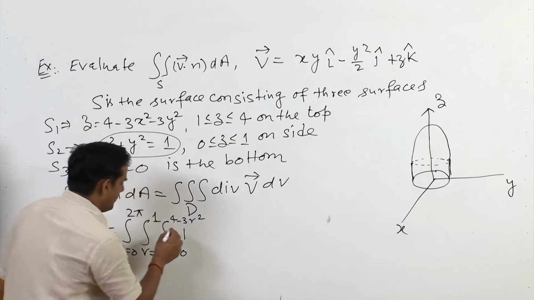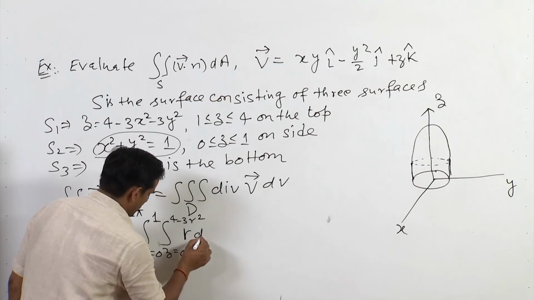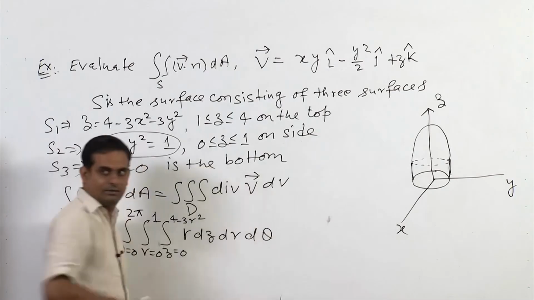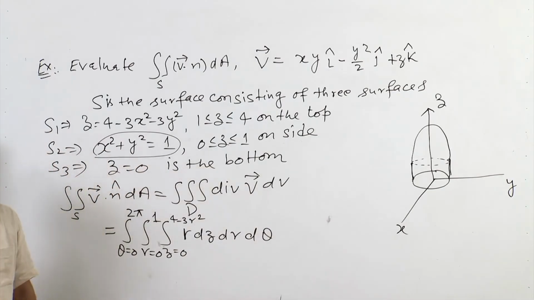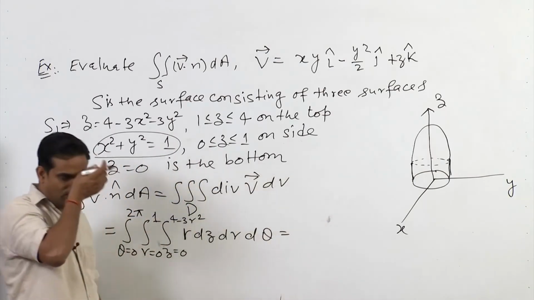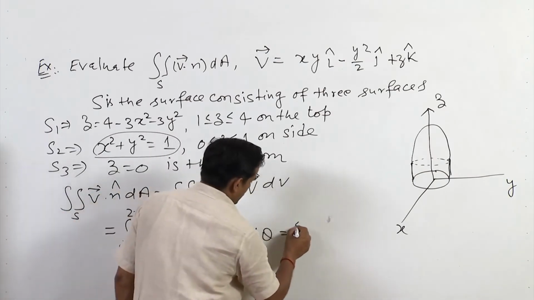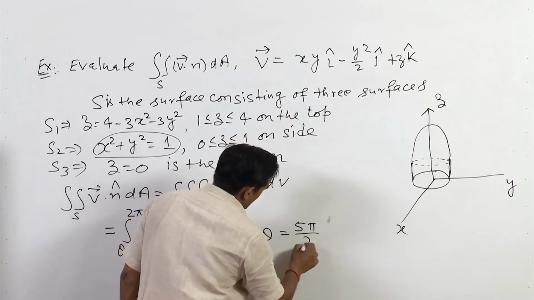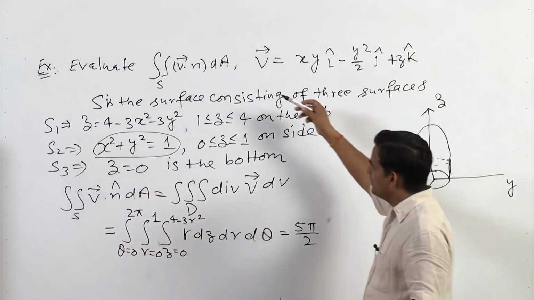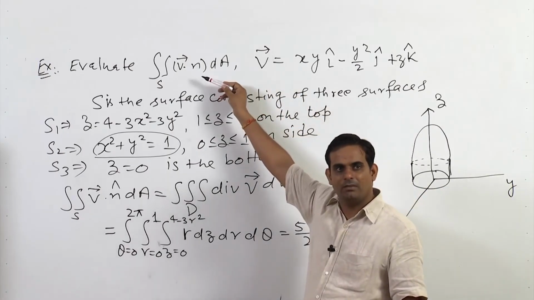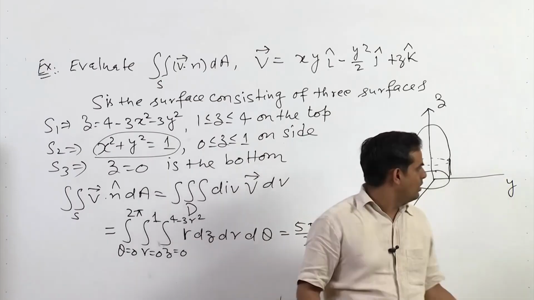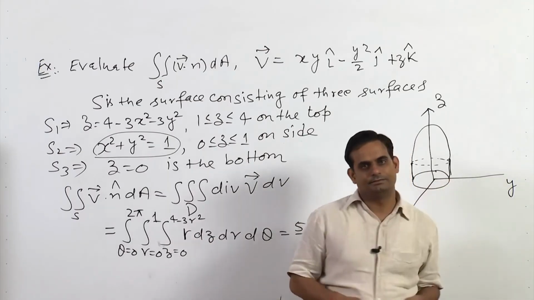So, dV will become r dz dr d theta. Okay. And when I evaluate it, it comes out to be 5 pi upon 2. So, in this way we can solve this surface integral by the divergence theorem, just by solving this triple integral over this region D.